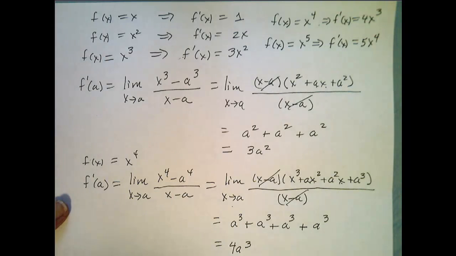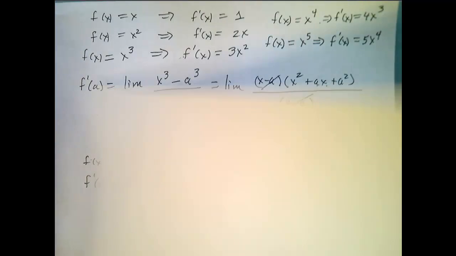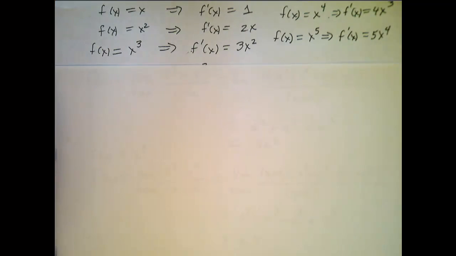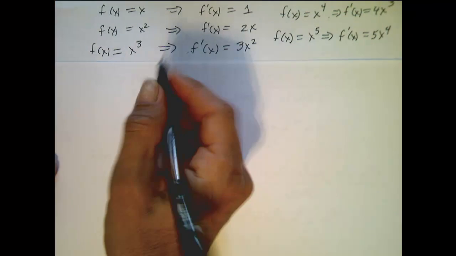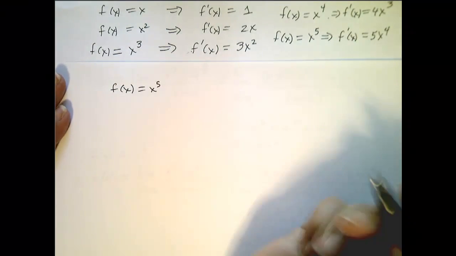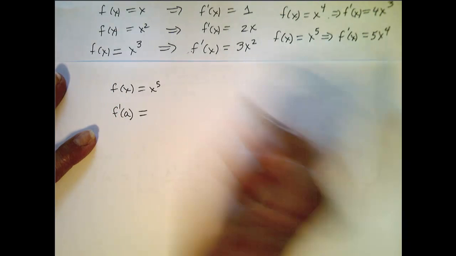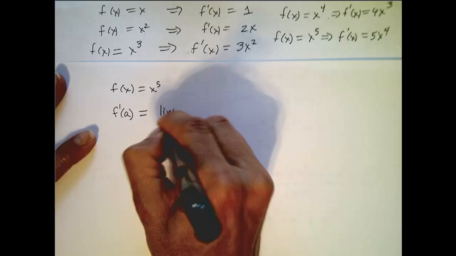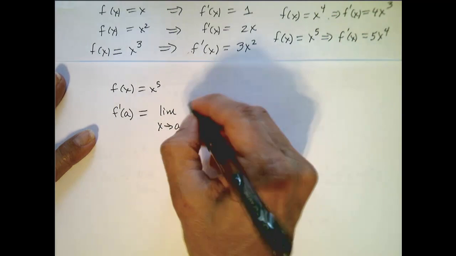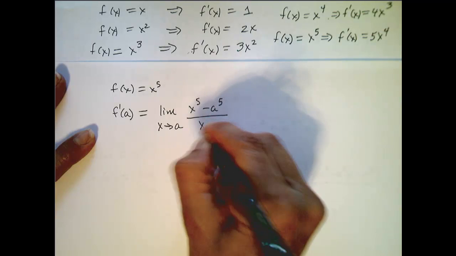Let's just check one more time by taking the derivative the long way of f of x equals x to the fifth. I'm just going to put this right on top so we can keep things lined up. So for f of x equals x to the fifth, f prime evaluated at a is the limit as x goes to a of x to the fifth minus a to the fifth all over x minus a.